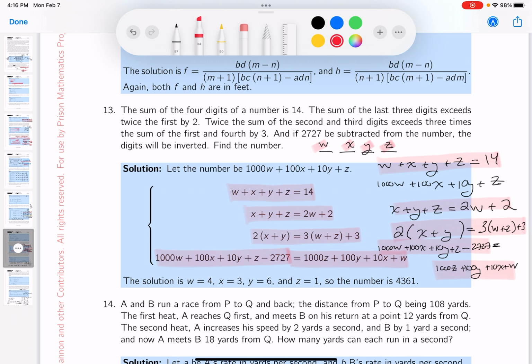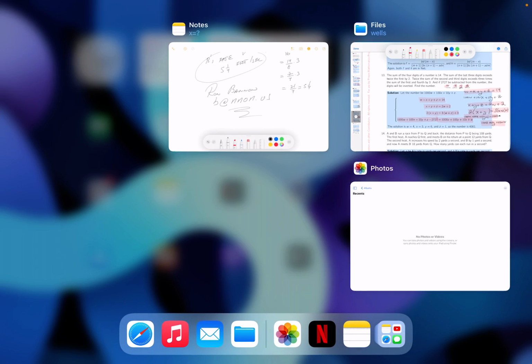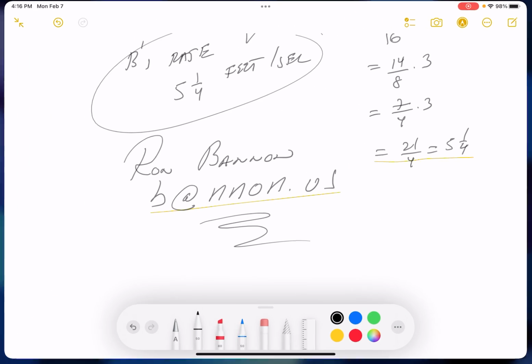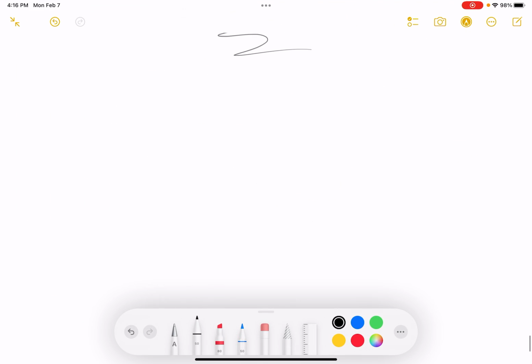So what I'm going to do is go to the whiteboard now and get rid of this screen. I got my document up. Let me scroll that up. And I'm going to write down what I'm seeing. I like to write it in order, and what I mean by that is I'm looking to get it like W, X, Y, Z equal a number. Well, the first equation's in that form.